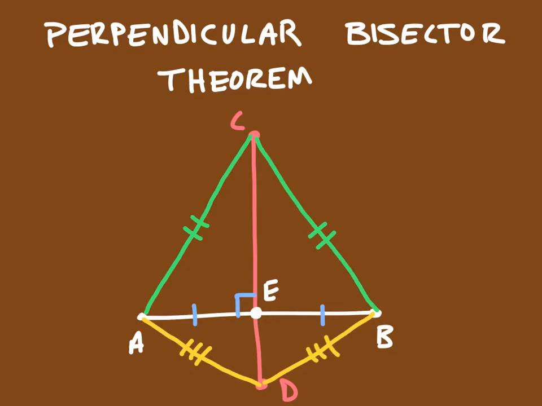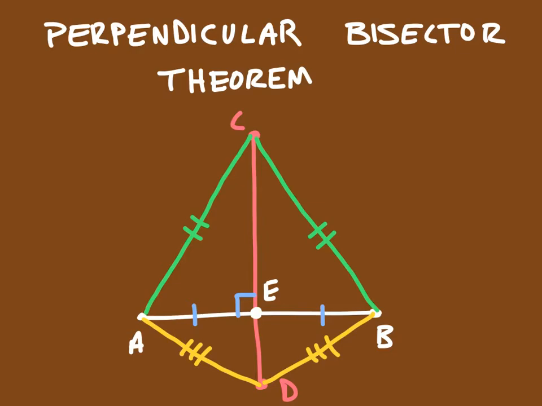That's what a perpendicular bisector does. Not only does it take your segment, cut it in half, and make a 90-degree angle, but any point on your perpendicular bisector is also going to be equidistant to the endpoints of what you bisected.